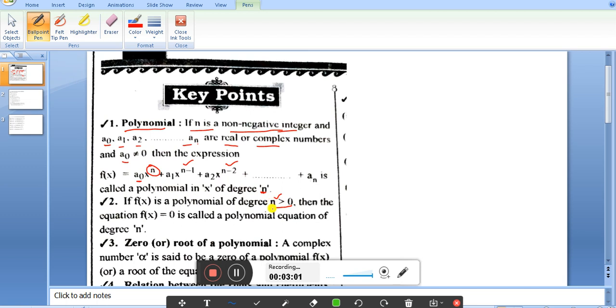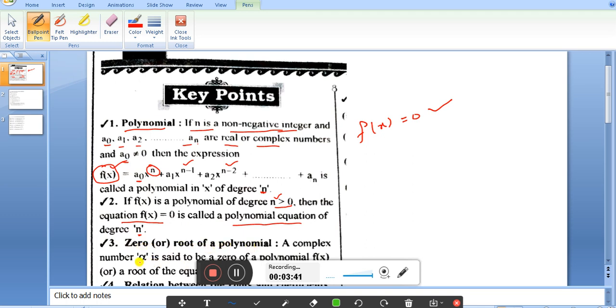Then f(x) equals 0 is called a polynomial equation. f(x) is a polynomial, but when you take f(x) equals 0 it becomes a polynomial equation, of nth degree.